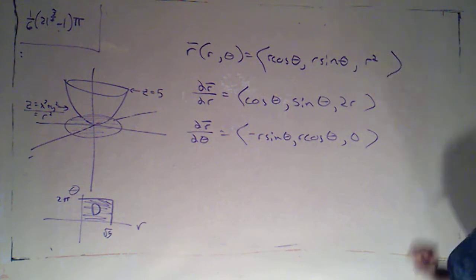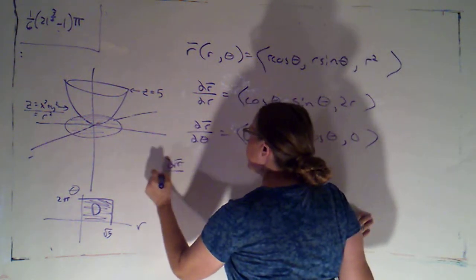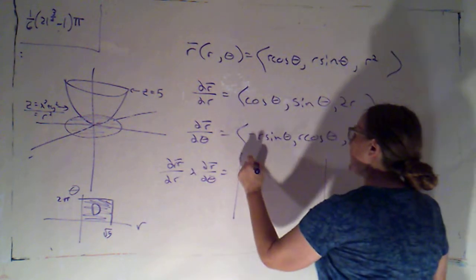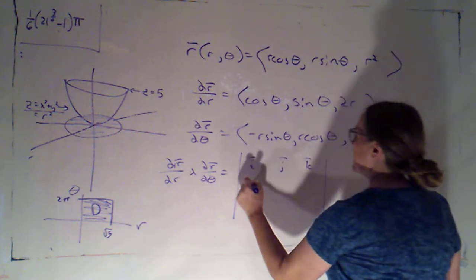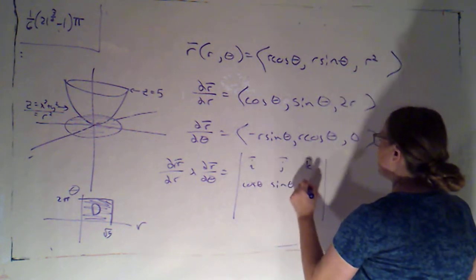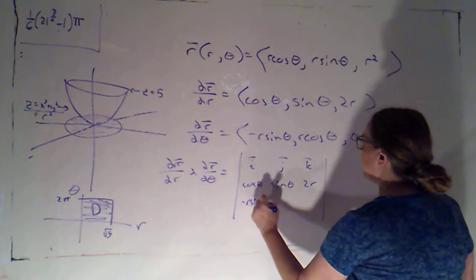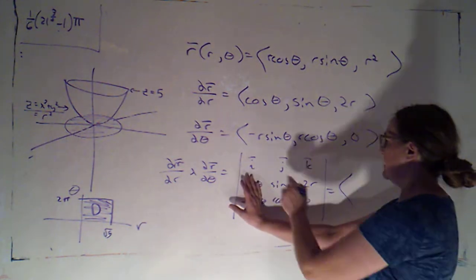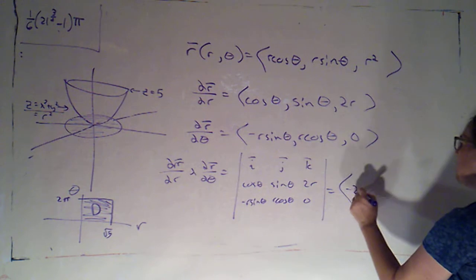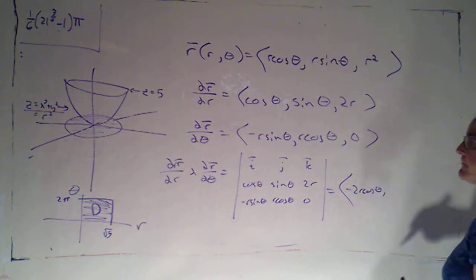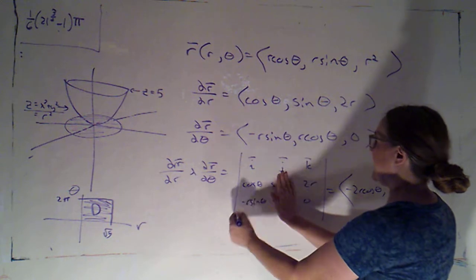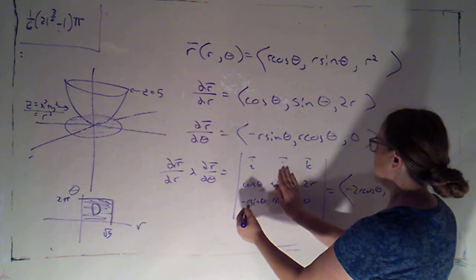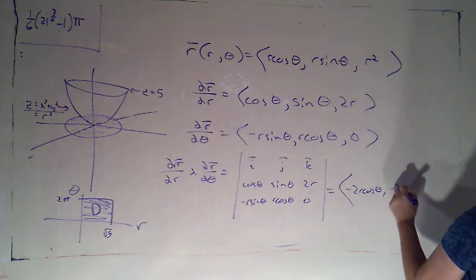Okay, no thetas there. So then I can calculate my cross product, the partial of r with respect to r crossed with the partial of r with respect to theta. That's going to be a symbolic determinant: i, j, k, cosine theta, sine theta, 2r, negative r sine theta, r cosine theta, 0. So for the i's, I'm going to get nothing minus 2r times r cosine theta.